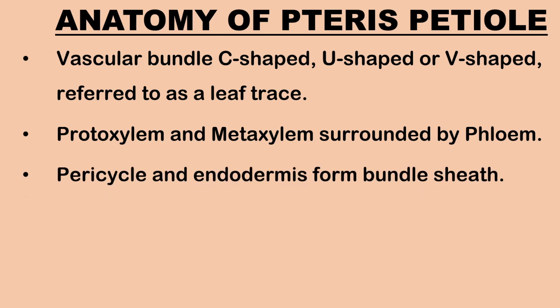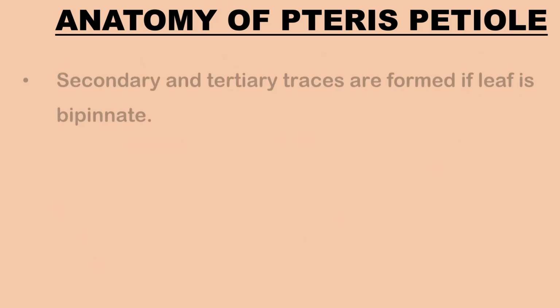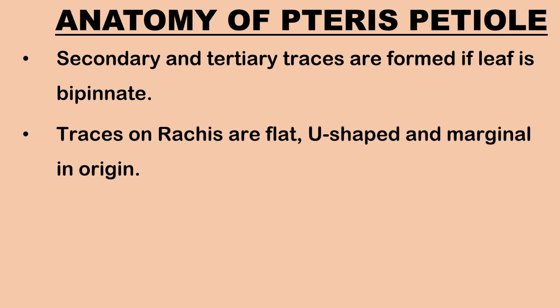Pericycle and endodermis form the bundle sheath. In the rachis, if the leaf is unipinnate, the traces form strands, and if the leaf is bipinnate, it forms secondary and tertiary traces. The traces seen in rachis are flat, U-shaped, and marginal in origin.